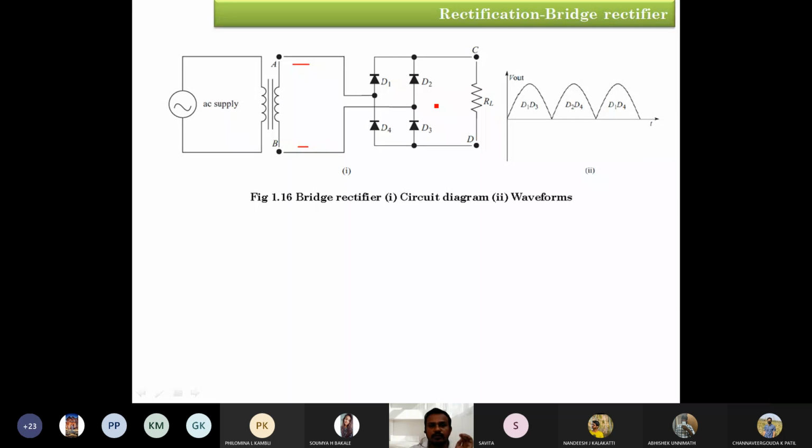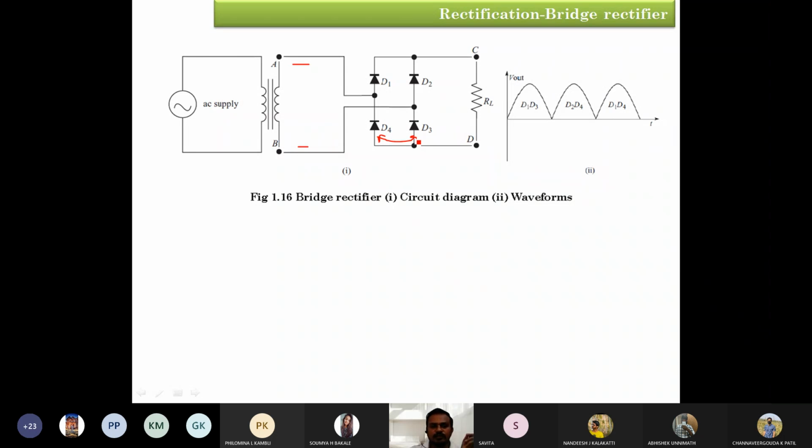We have 4 diodes. Let me take one bunch of 2 diodes, with the anodes connected together. If you look at this diagram, diode D3 and diode D4 are connected such that both anode terminals are short circuited.